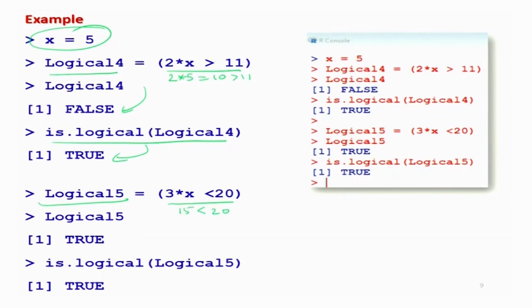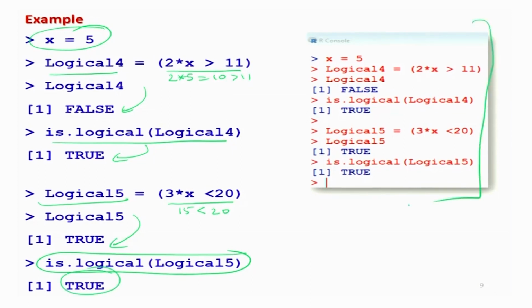Answer is yes. So, that is why this statement is true, and if you see whether this is a logical variable or not using the operator is.logical, the answer comes out to be true, and this is the screenshot. So, this is how R works with these logical operators.